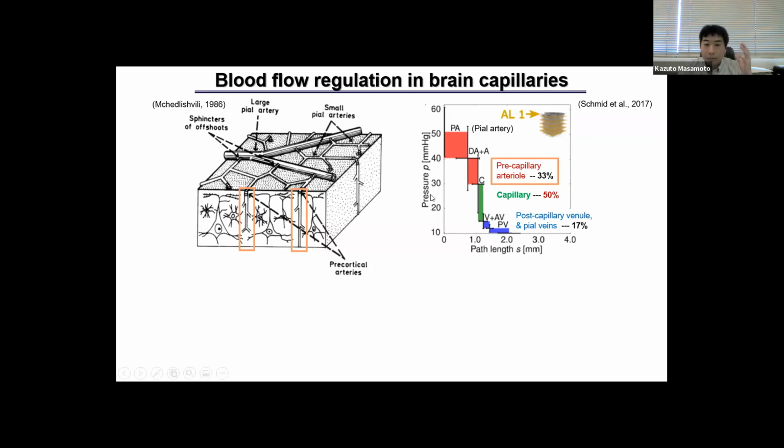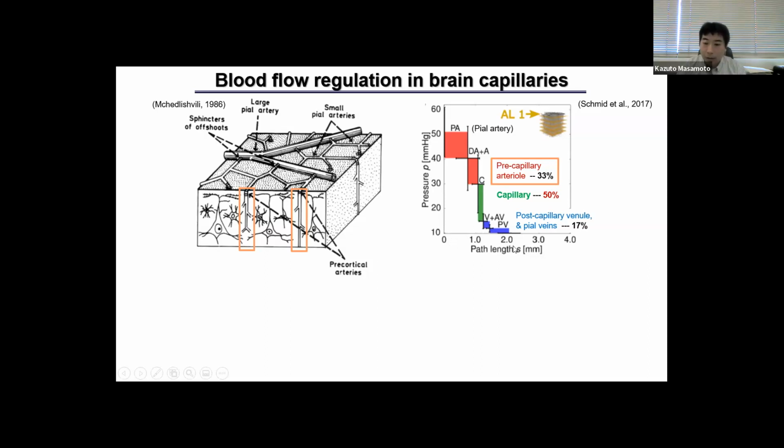But based on structure and flow information, one paper shows an estimate of how the blood pressure is distributed along the capillary vascular networks. It starts from the pial artery level, which accounts for 50 mmHg in blood pressure, and goes down to the venous side.